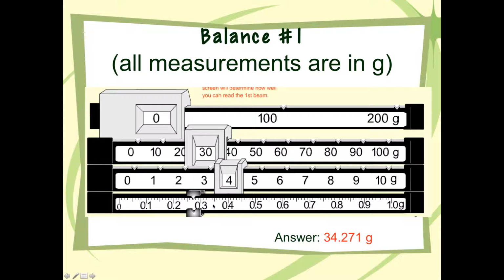So I might say 0.271 or 0.272, right? That's that idea that you say, how far is it past the line you can read? So 34.27, we could read all of that. And then one more number to say it's a little bit past that 0.27 line. That's how we take our metric measurements.